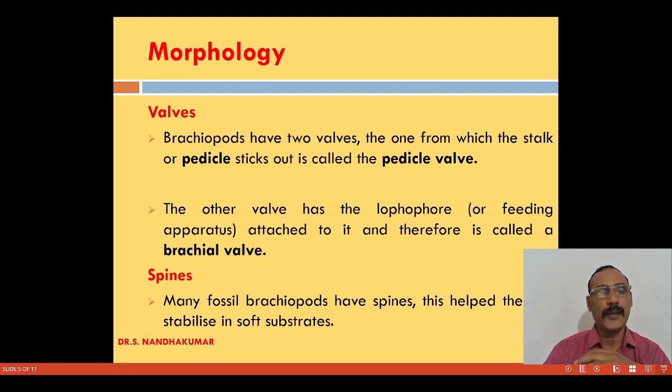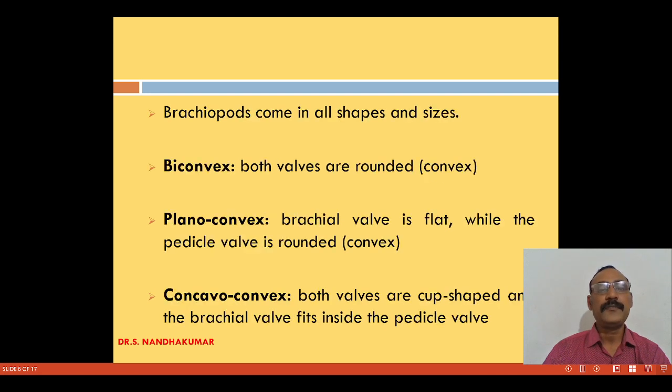Many brachiopods have spines, which helped them stabilize on soft substrates. Brachiopods come in all shapes and sizes: biconvex, plano-convex, concavo-convex. And we know there are two valves, one pedicle valve and one brachial valve.